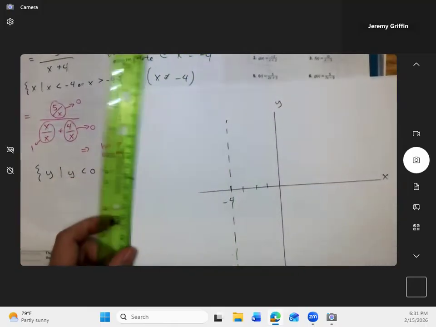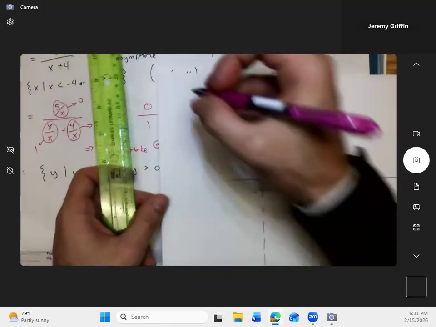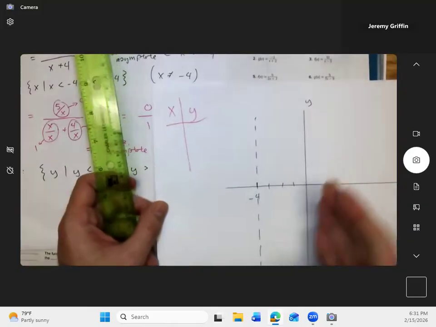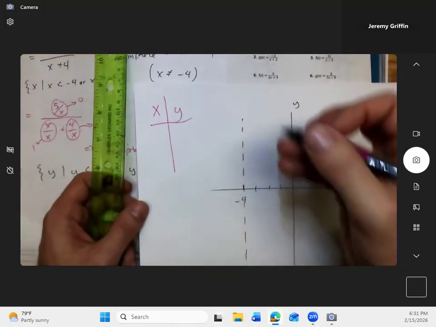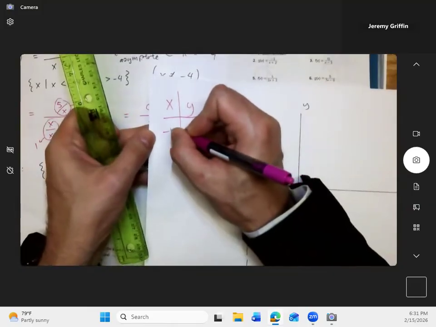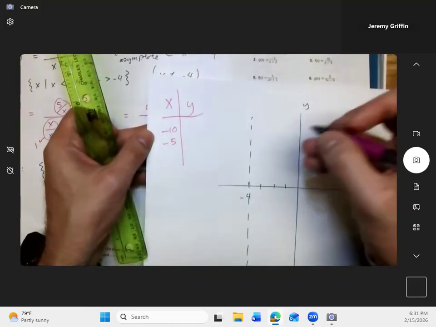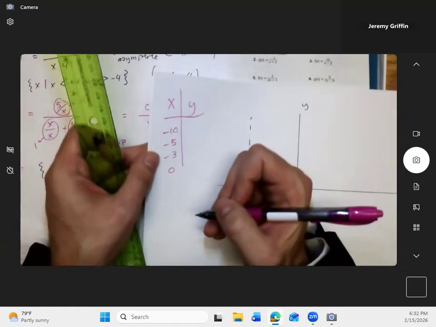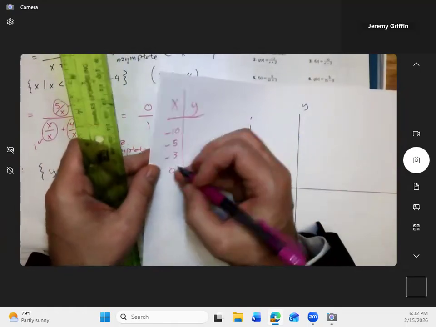Let's get a bunch of points. So pick an x, y table. I'd like to know what's going on both sides of negative 4. So let's go about negative 10, negative 5, negative 3, 0, and how about 6?